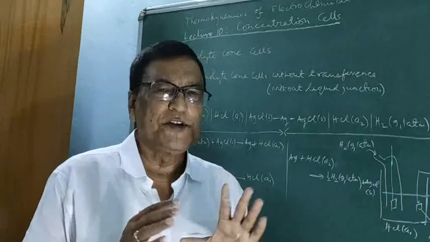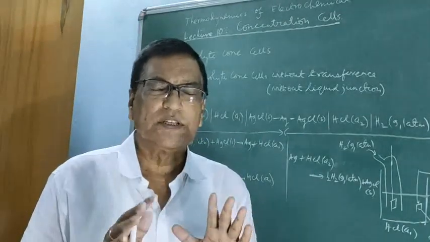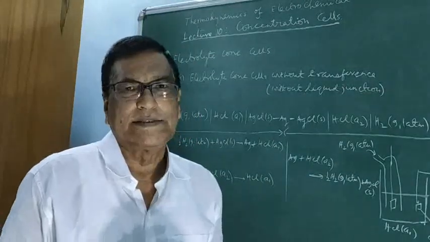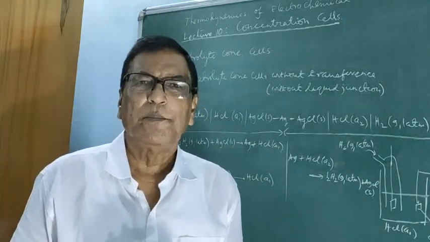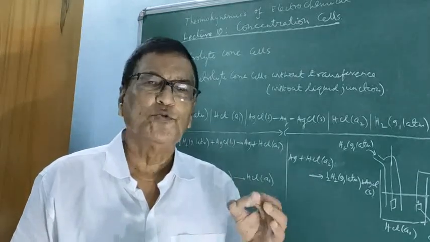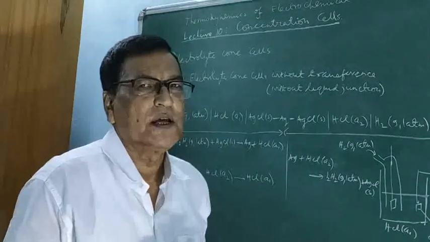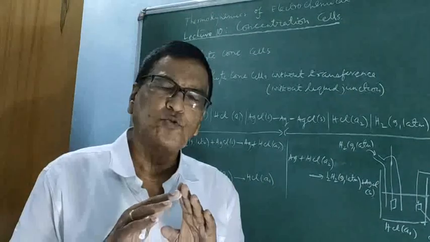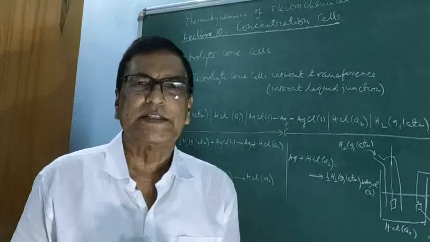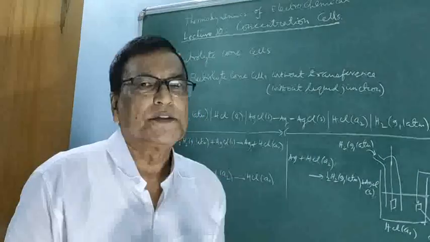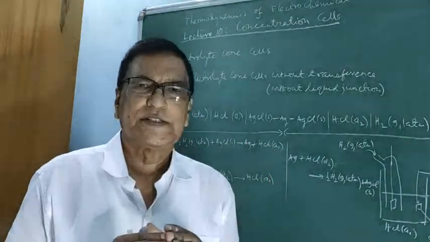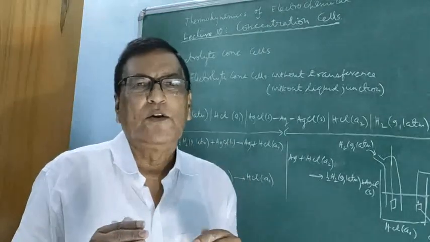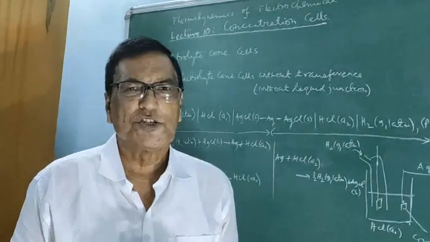Salt bridges have been inserted, and I have already said a salt bridge cannot totally eliminate the liquid junction potential, but it will minimize it to 1 or 2 millivolts. So if we want to totally eliminate the liquid junction potential, the two electrolytic solutions must not be allowed to make a junction in this concentration cell.